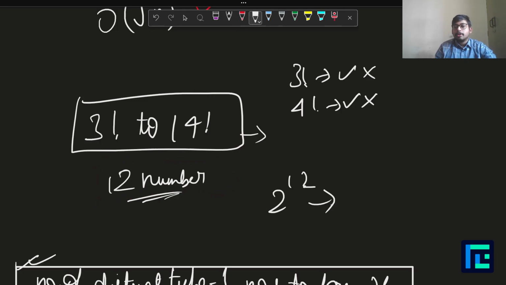So this 2 to the power 12 is not very large. It would be approx 10 to the power 3, or 4 into 10 to the power 3, approx this.